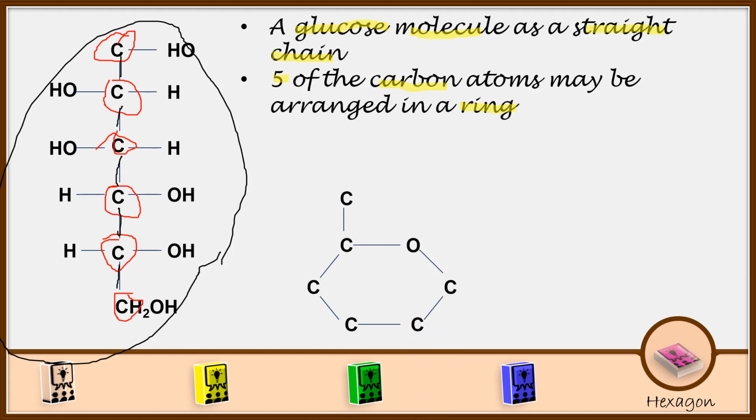If you look here, this is our ring, and it is made up of 5 carbons. This one is 1, 2, 3, 4, and then 5. So 5 of them are forming a ring.